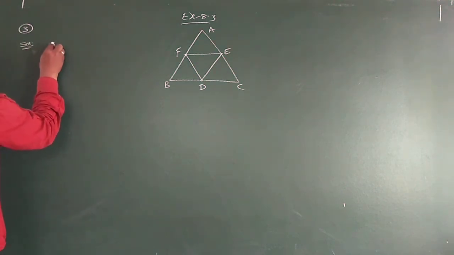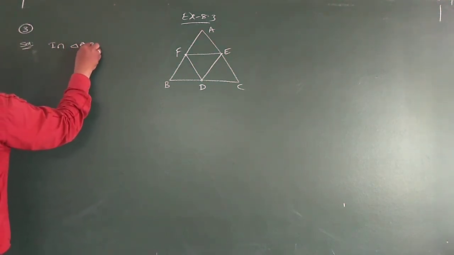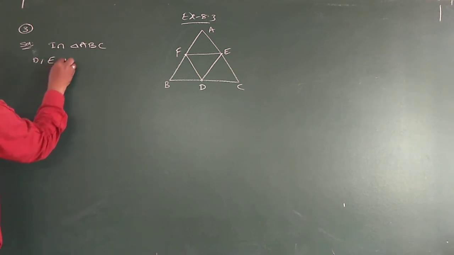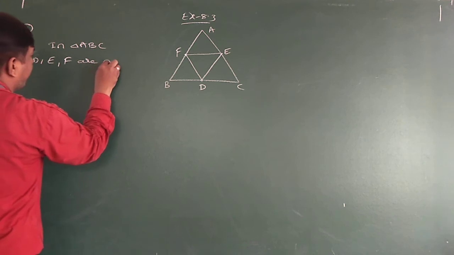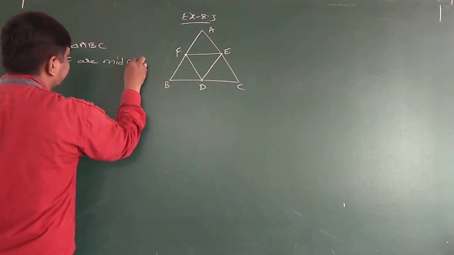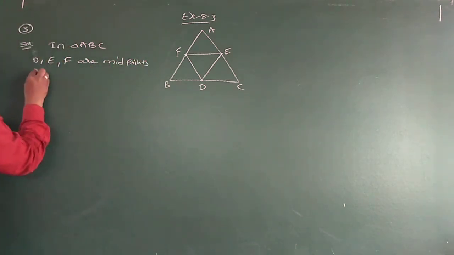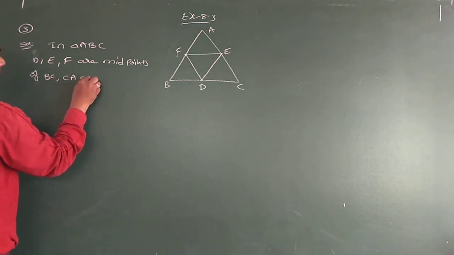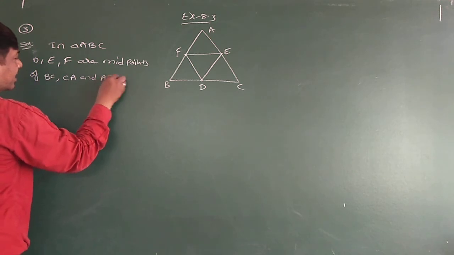See here, in triangle ABC, D, E, F are midpoints of BC, CA and AB respectively.